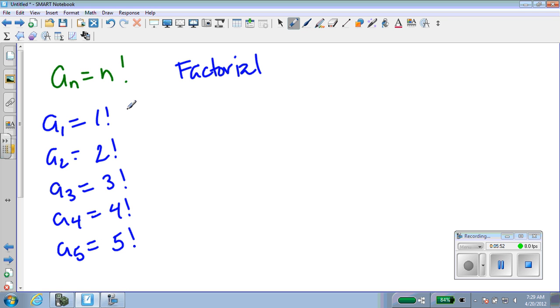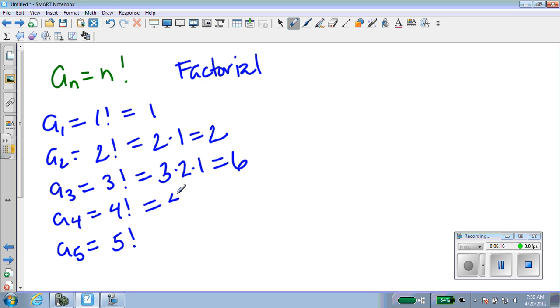And what factorial means is a multiplication of all of the natural numbers less than or equal to whatever we're taking the factorial of. So there are no natural numbers less than 1. 1 is the smallest natural number. But for 2, it would be 2 times 1. For 3, it would be 3 times 2 times 1. For 4, it would be 4 times 3 times 2 times 1. For 5, it would be 5 times 4 times 3 times 2 times 1.